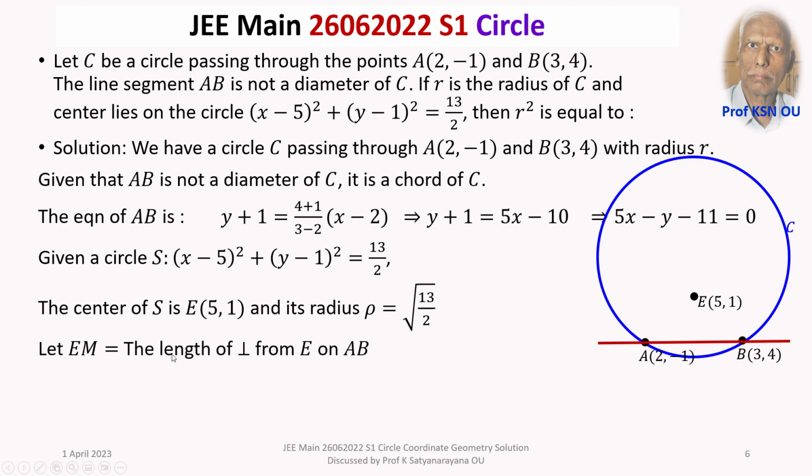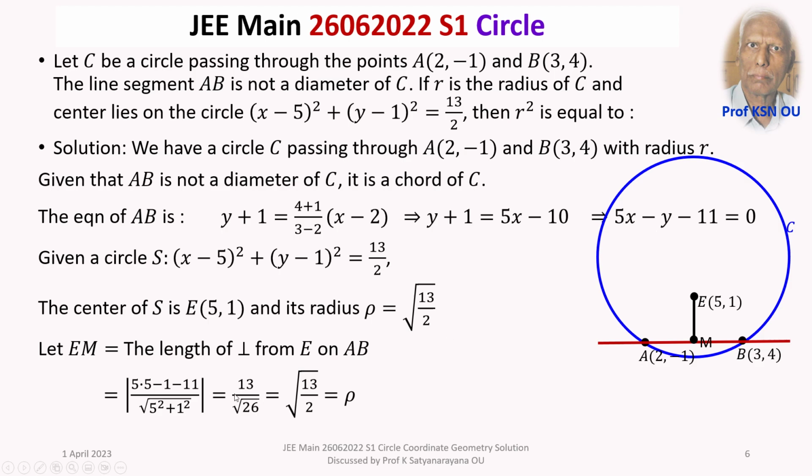Let EM, the length of the perpendicular drawn from E on AB, be equal to: the equation of AB we know, and the point (5, 1) we know. The perpendicular distance formula we will apply. Now use the formula: modulus of (5 into 5 minus 1 minus 11) whole by the square root of 5 square plus 1 square.